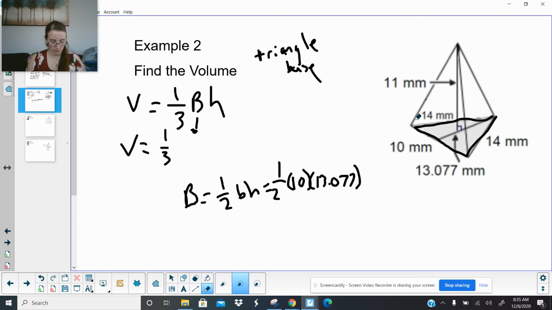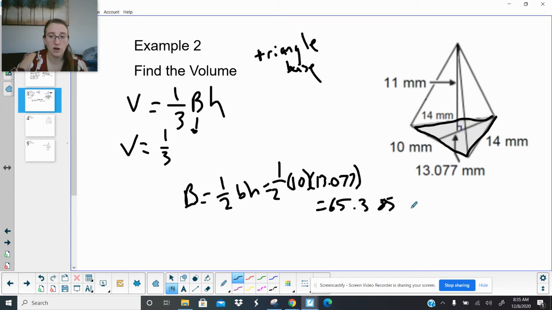So let's plug this in. We got 1/2 times 10 times 13.077. So we get 65.385. Just because it ends, I'm going to go ahead and use the whole thing. This is 65.385. This is our B that we're going to plug in.